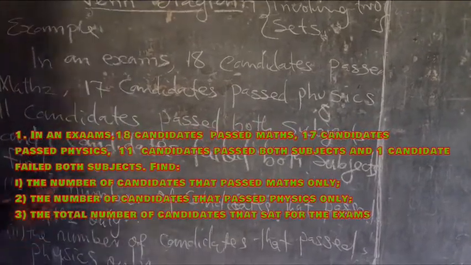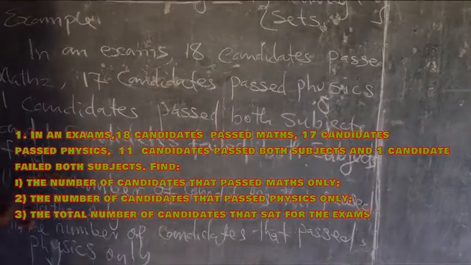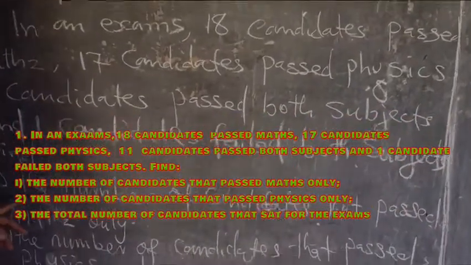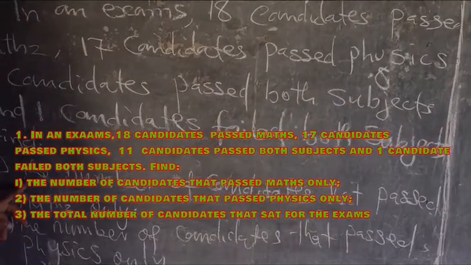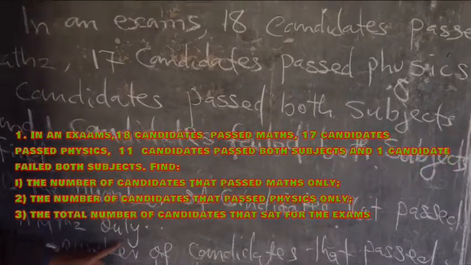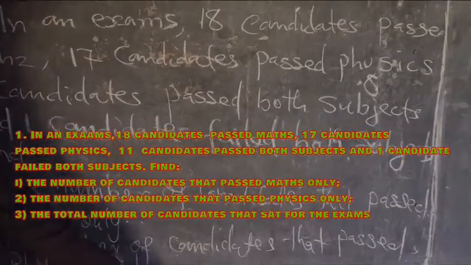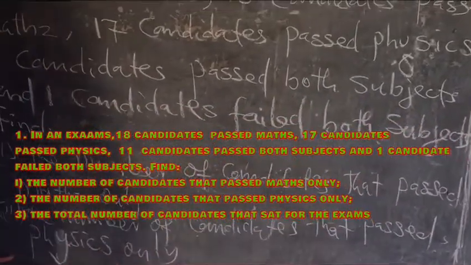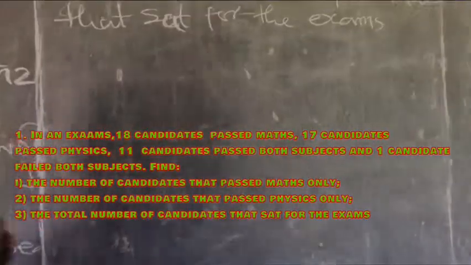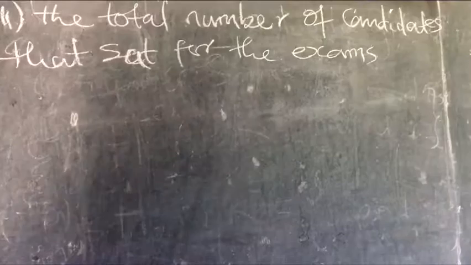Now wow, na him carry last. 1 candidate carry last. They say for this information, make we find the number of candidates that pass Maths only, the number of candidates that pass Physics only, and then the total number of candidates wey sit for the exams.